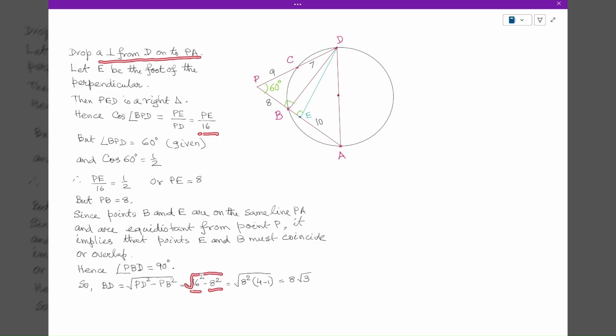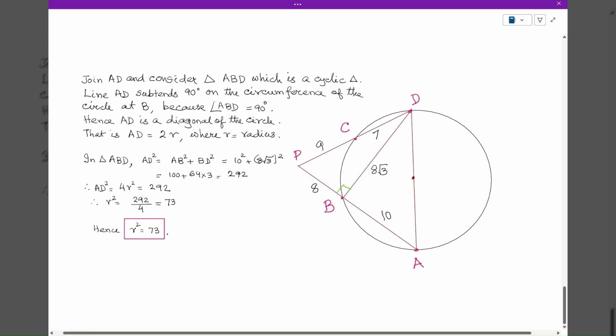If you take 8 square common, we get 8 square multiplied by 4 minus 1, square root of this, and that is equal to 8 root 3.